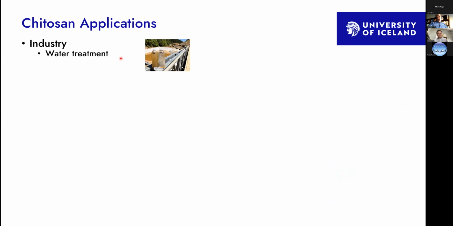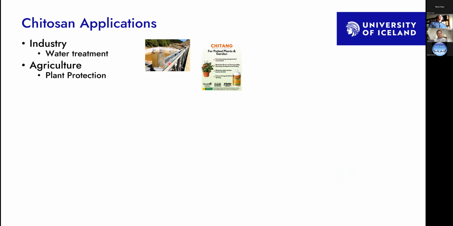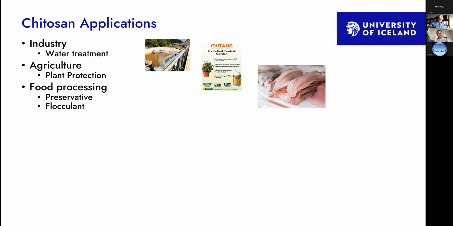In industry, large bulk use has shown good quality and is used in water treatment for water purification. In agriculture, there are various products. There is also growth promotion and plant protection against some pathogens.